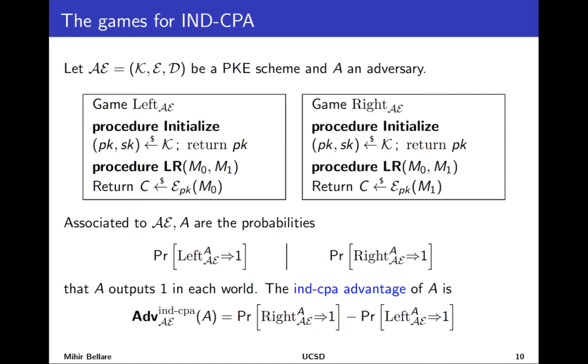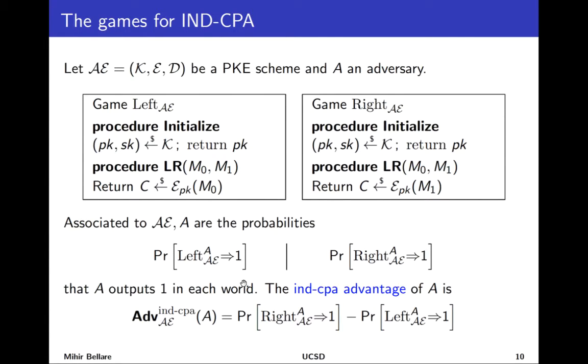As usual, we're not interested so much in the actual magnitude of the probabilities of returning 0 or 1, but in how close they are in the two games. If we run the adversary with the left game, it will return either 0 or 1, and there's some probability it returns a 1. So that's this number over here. Now take the same adversary and run it with the right game. Again, the adversary's output is a 0 or 1, and there's some probability that that bit is a 1. And that's this object over here.